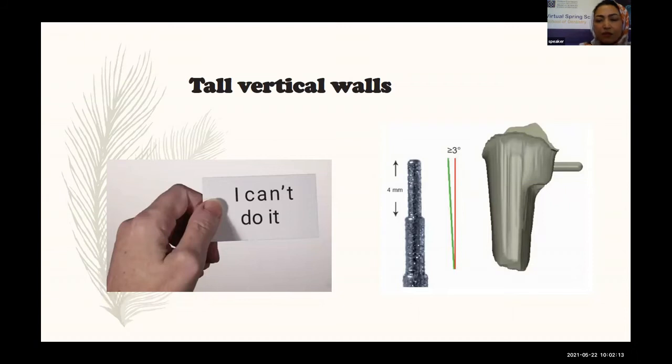This is due to the existing steps on the bur. If we draw a line from the bottom of the bur to the top of it, this angle would be 3 degrees. As you know, most of the restorations would be prepared with the first 4 millimeter part of the bur, but sometimes the abutment height would be greater. Although the system gives you an option if 3 degrees of taper cannot be achieved, and it is the step bur mode.